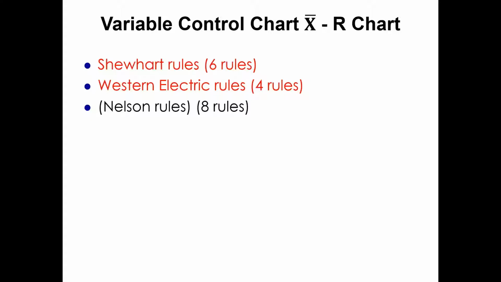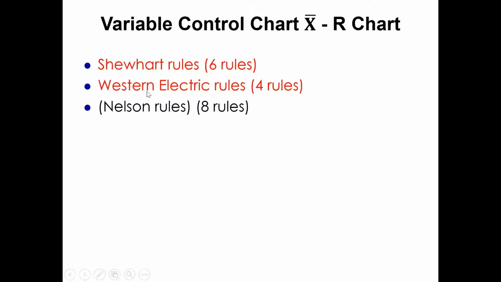These 6 rules are a guideline, a reference that gives you the idea how you can identify a potential problem based on the control chart.